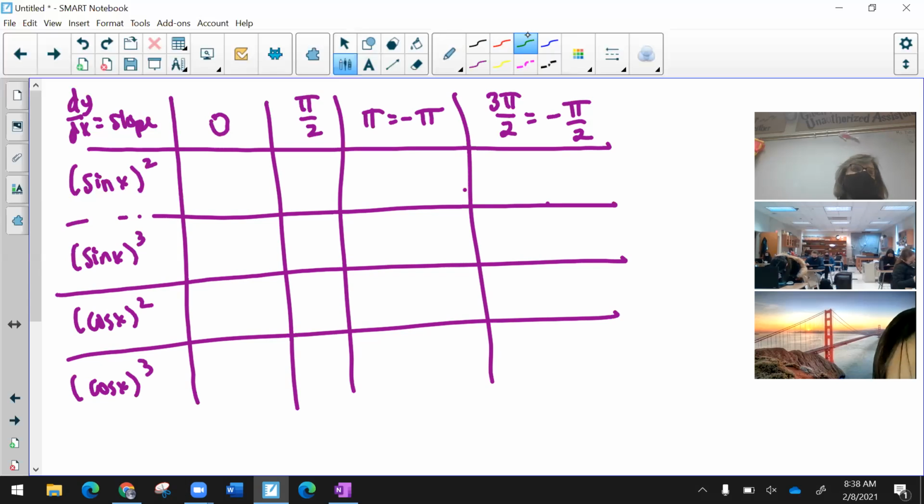This is another one of those reasons why you have to know the sine and cosine of 0, 90, 180, 270, -90, -180. So what is the sine of 0? 0 squared is 0, 0 cubed is 0.